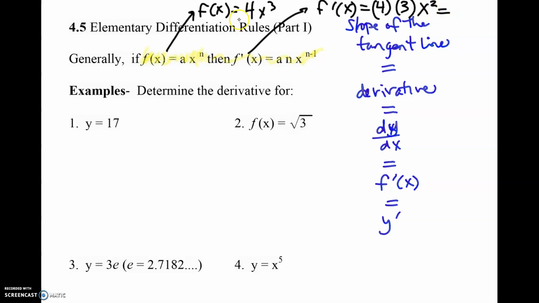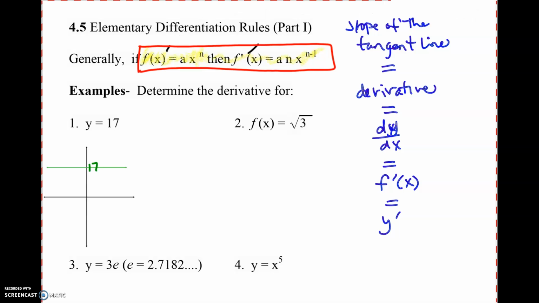So the derivative of 4x to the power of 3 is 12x to the power of 2. Voila! This is the first elementary differentiation rule, and we're going to experiment and use it in this lesson.